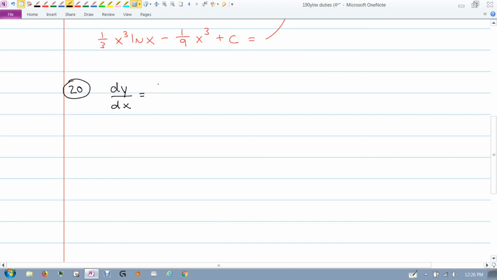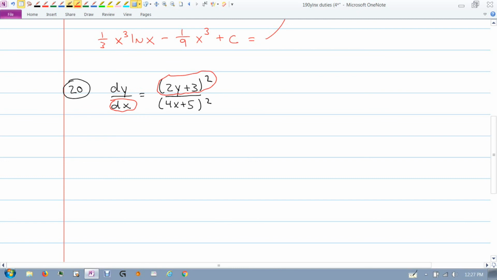Number 20. Oh wow. Okay, so I have 2y plus 3 all over 4x plus 5, but all of this squared. Same thing, I'm just going to apply the square to both the top and bottom, and then I'm going to try and get my dx to the other side, so I multiply by it, which means I'm going to have to bring my y stuff to the other side.